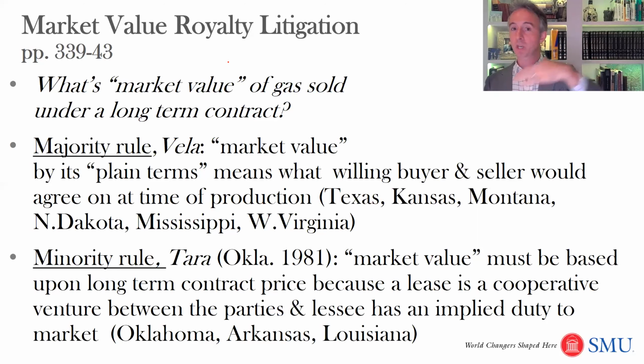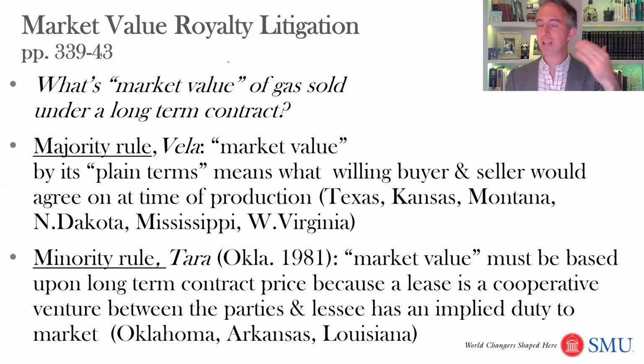So in other words, if it was an open market transaction, then for the length of that transaction, if it was 5 years or 10 years, gas was worth $8 an MCF. That's why they locked in that price. And so the theory of Oklahoma is it has to be based on a long-term contract price because the lease is a cooperative venture and the lessee has an implied duty to sell that gas, which may mean agreeing to a long-term contract to reduce the risk of price fluctuation.